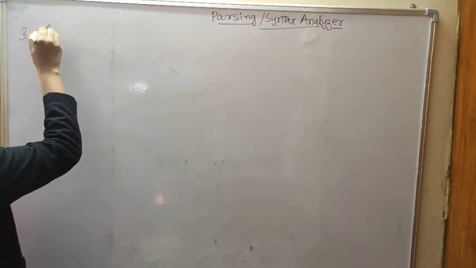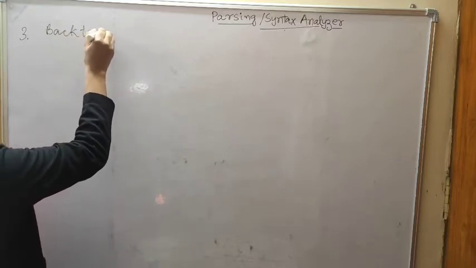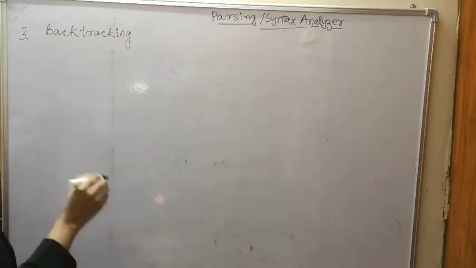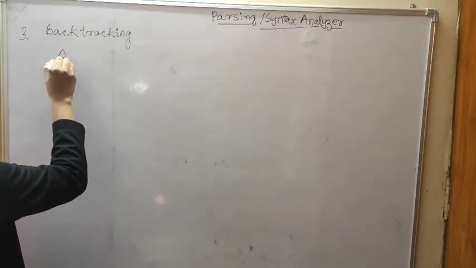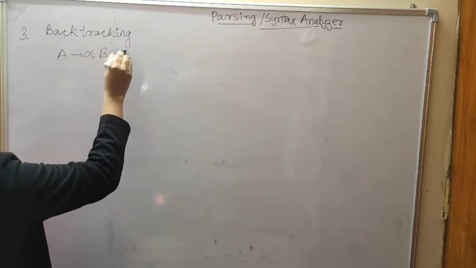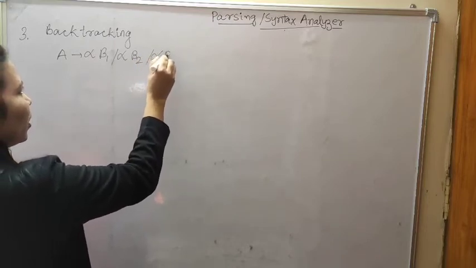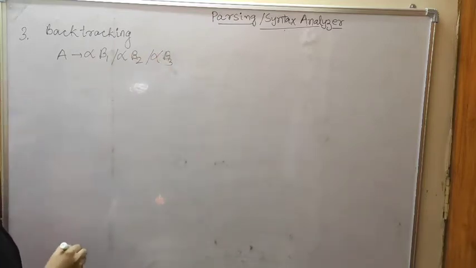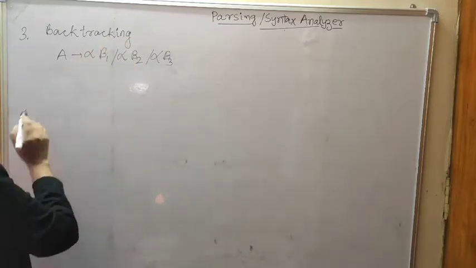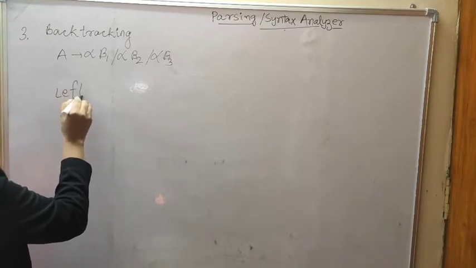Okay, backtracking problem. Backtracking means, suppose A has given A goes to alpha beta 1, alpha beta 2, alpha beta 3. This is the problem: backtrack. So to eliminate the backtracking, we are using left factored grammar.